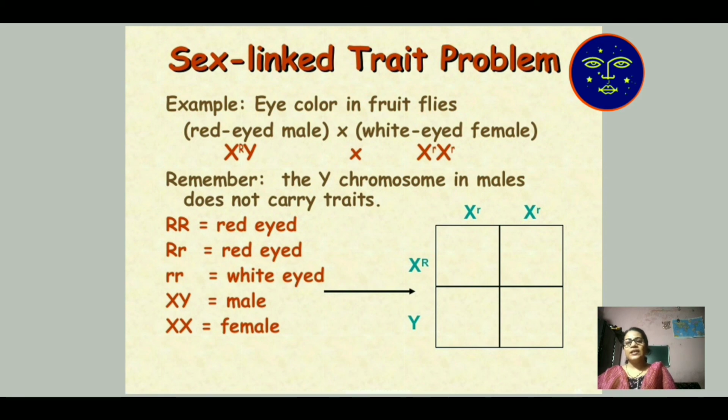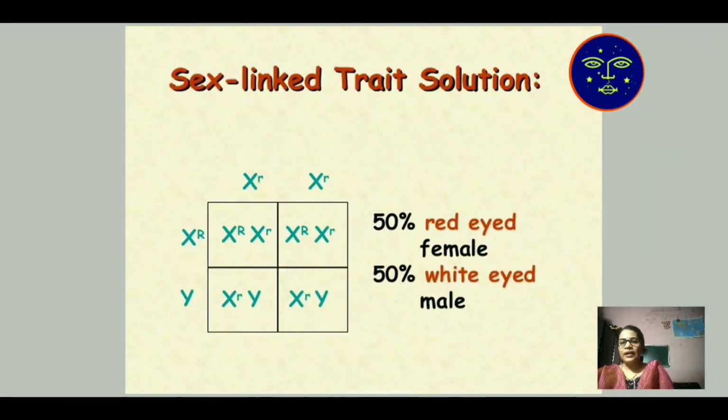In the second case, capital X capital R, capital X small r. Here is the result: capital X R, capital Y, capital X R, capital Y. So 50% red-eyed female and 50% white-eyed male are produced in this sex-linked trait.